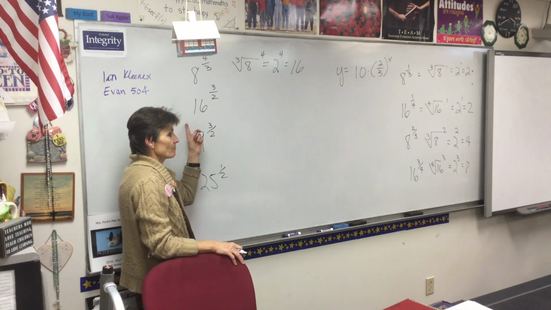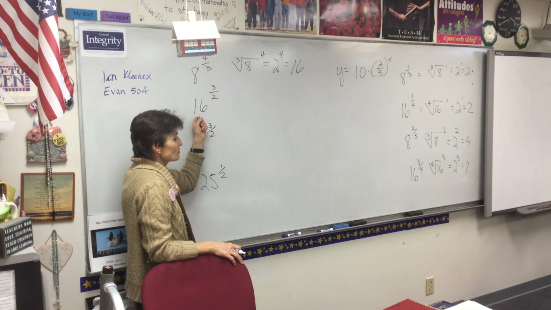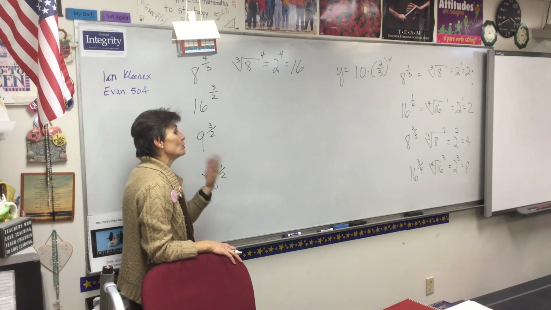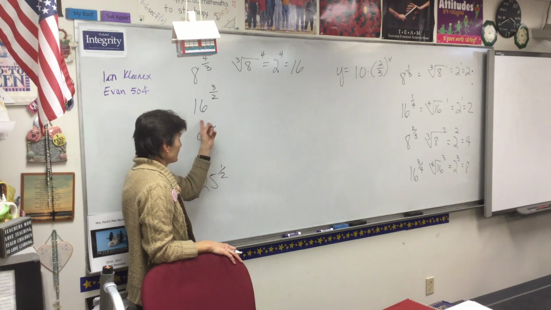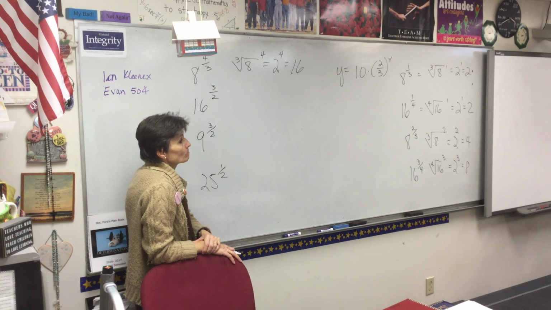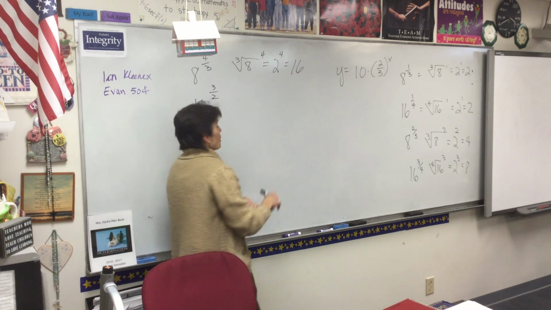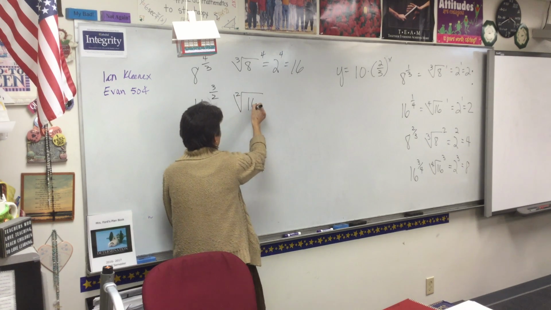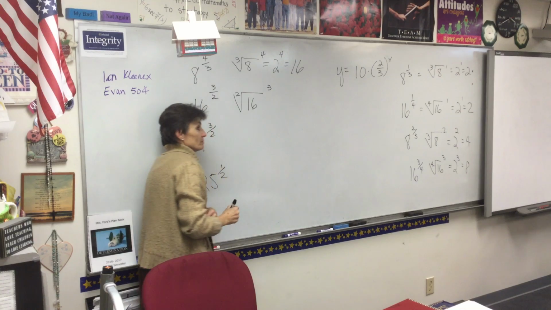All right, here we go. Jalen, do this one for me. What's this one say? 16, 32. Yes, you're right. That's what it says. How do I do it? So it would be the square root of 16 to the 3rd power.